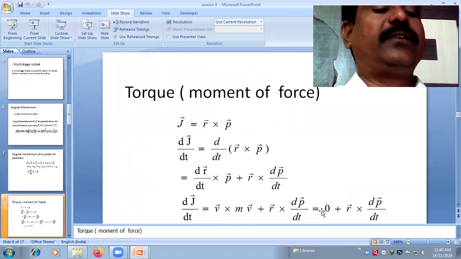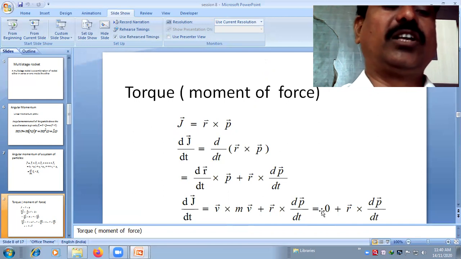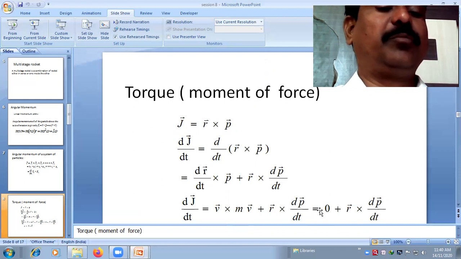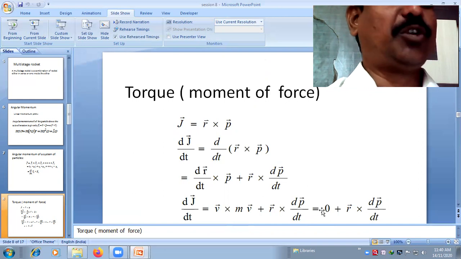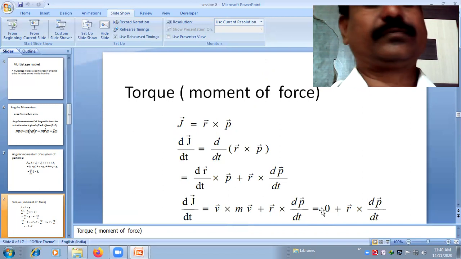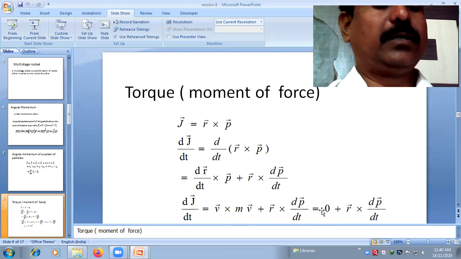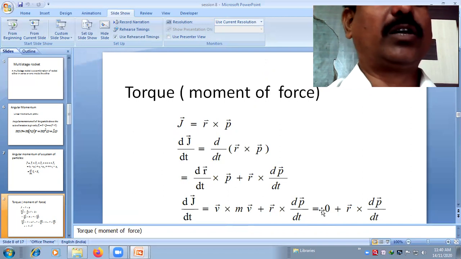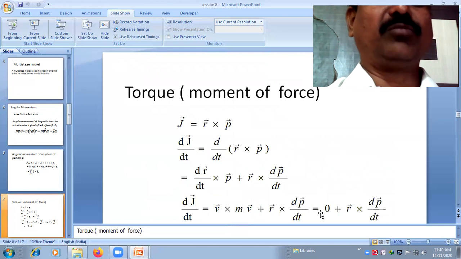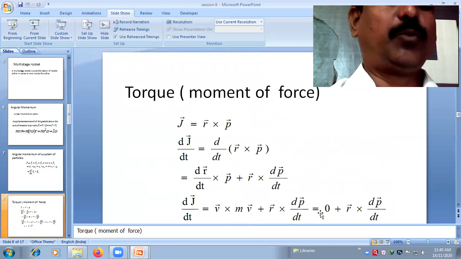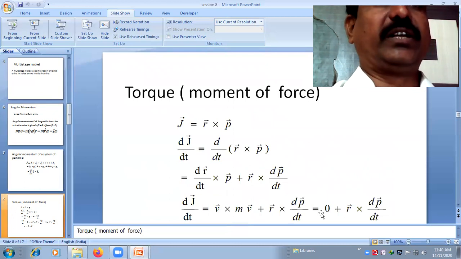Next, you have another important term, torque. So what do you mean by torque? The time rate of change of angular momentum of a particle about a given point is known as torque.